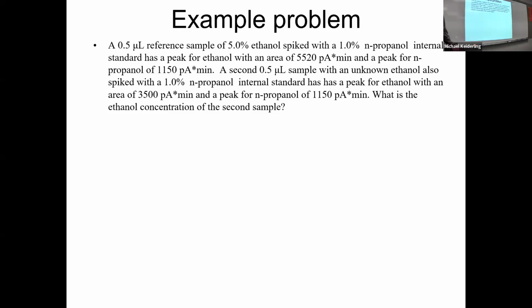Well, we know the 1150 for the n-propanol corresponds to the same amount; it works as a reference standard. So it tells you that you're getting the right amount of sample.